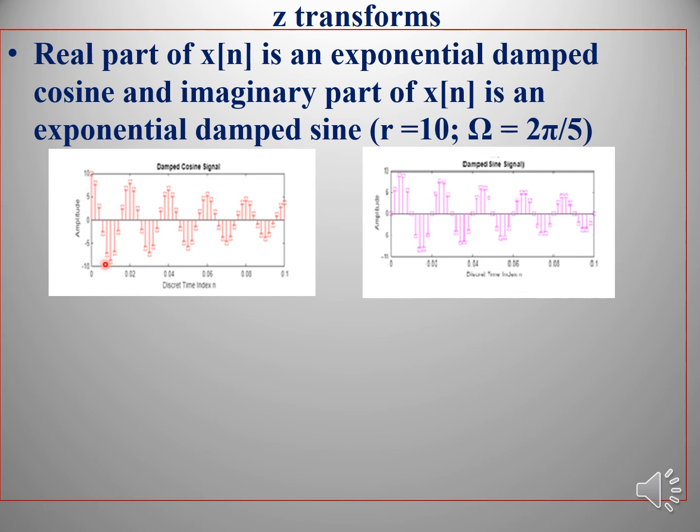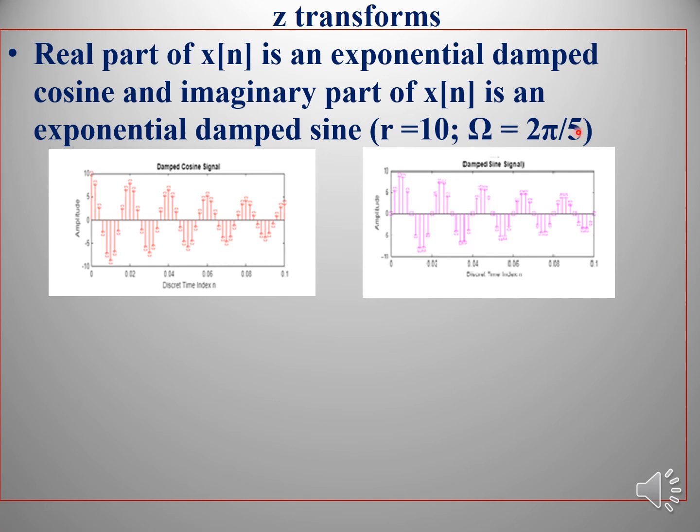The cosine signal moves like this and it tends to decay, and a time value of up to 0.1 is shown here. Similarly, in the second case also it is a damped sine which is again plotted, and this is also exponentially decreasing in its value.